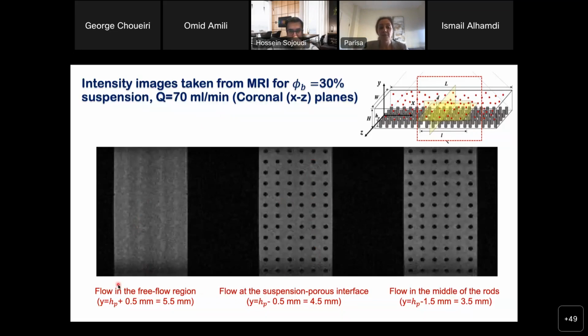And this is a slice that shows the flow in a free flow region. This is at the interface, and this slice is in the middle of the rods, and you can see an example of it here.